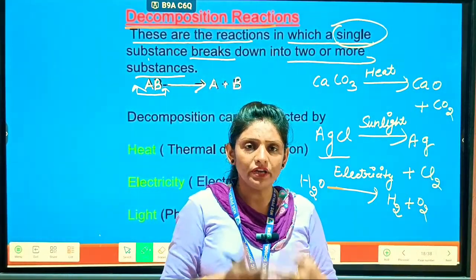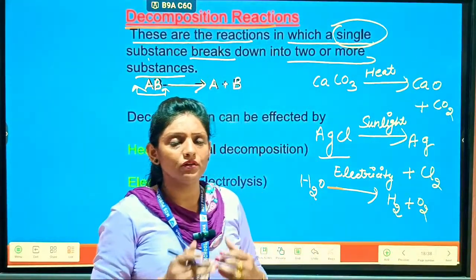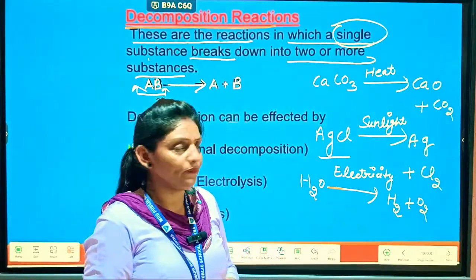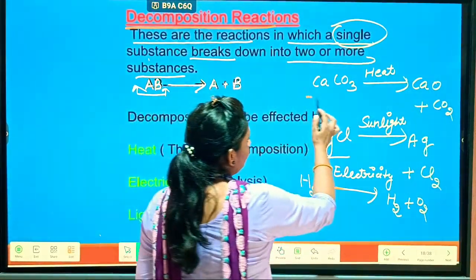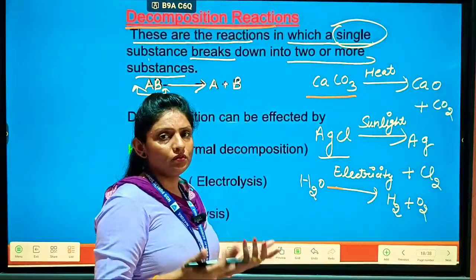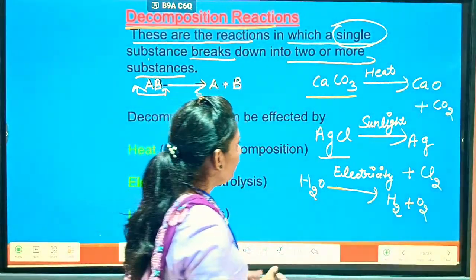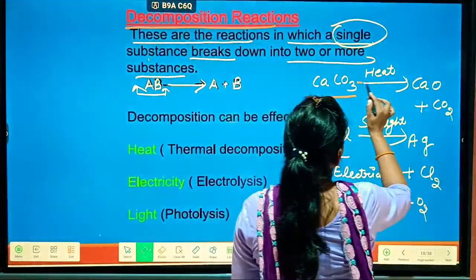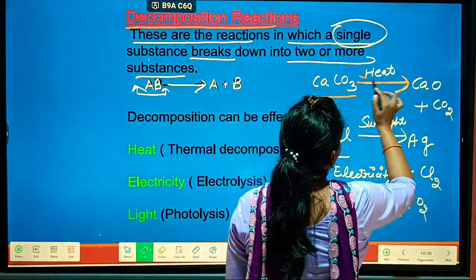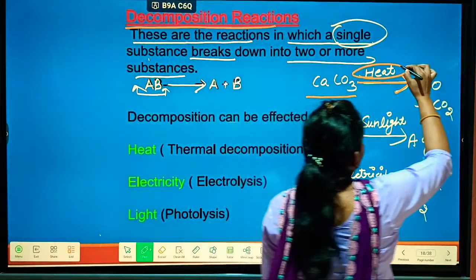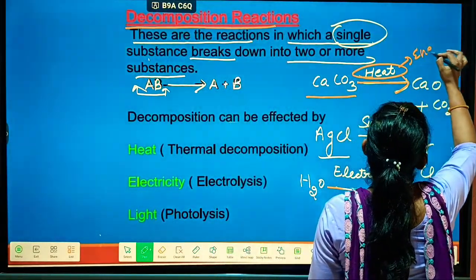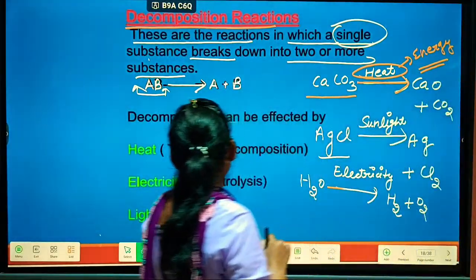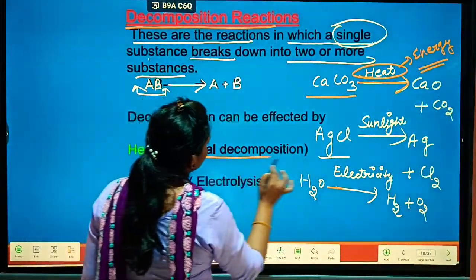Okay, students, but here we are talking about the decomposition reaction. So by providing some amount of energy, they can be broken down into two or more substances. Okay, then students, it is known as decomposition. If we provide energy in the form of heat, then students, this type of decomposition is known as thermal decomposition.